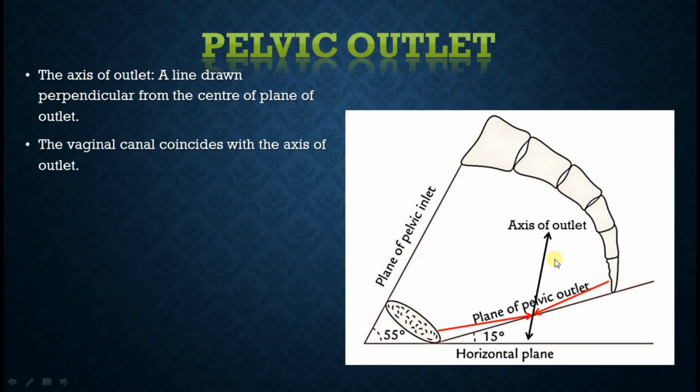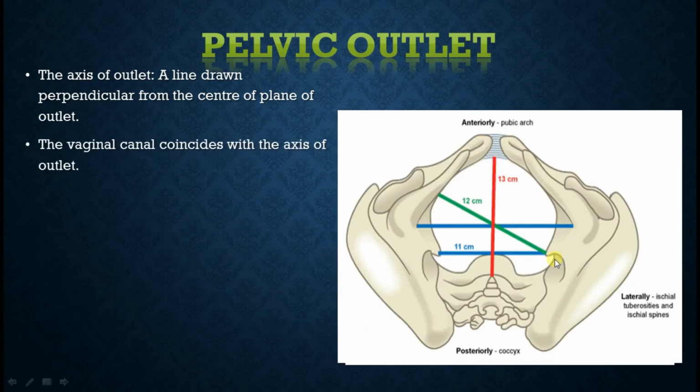What I mean here is, the dimensions of the pelvic outlet. Antero-posterior is from lower border of pubic symphysis to the tip of coccyx.